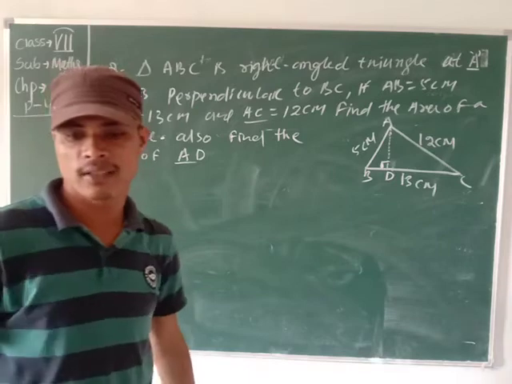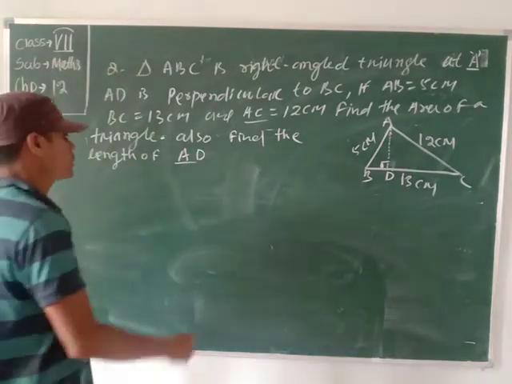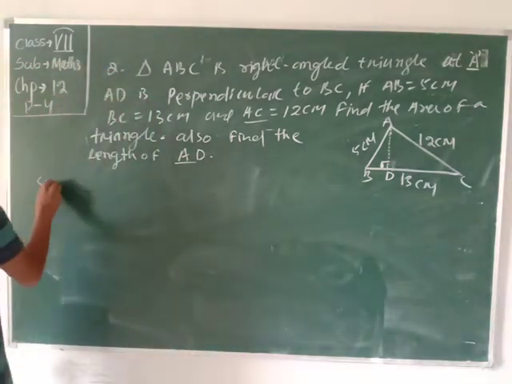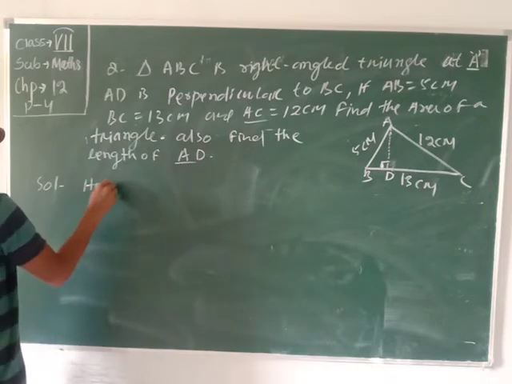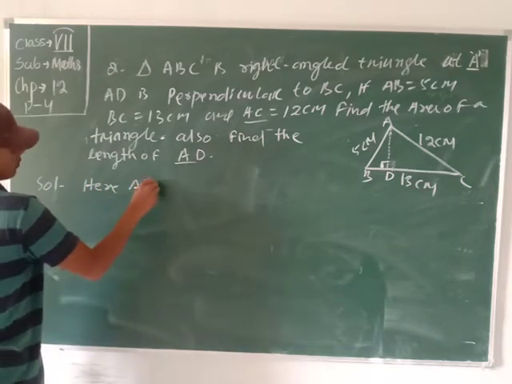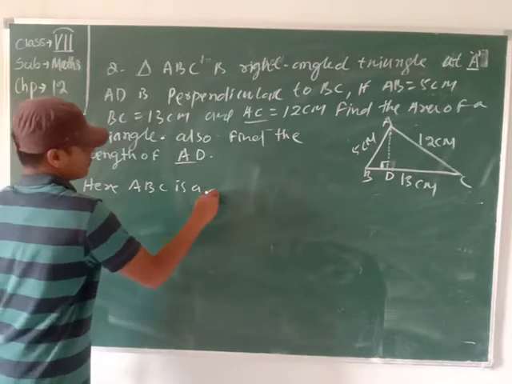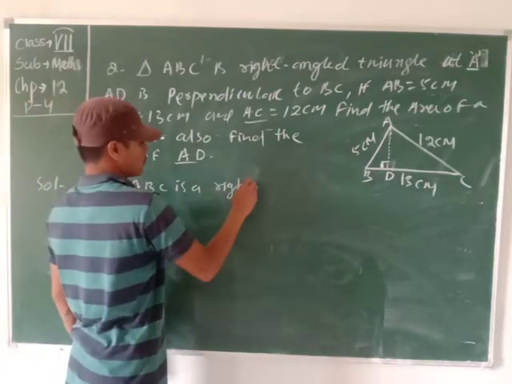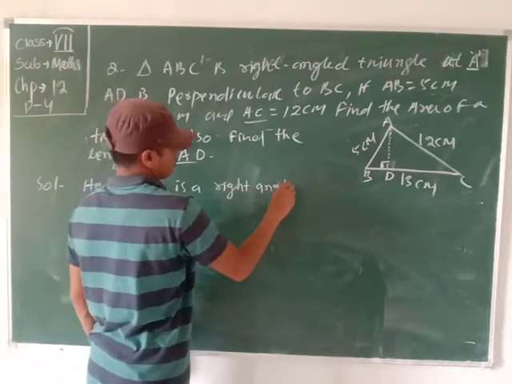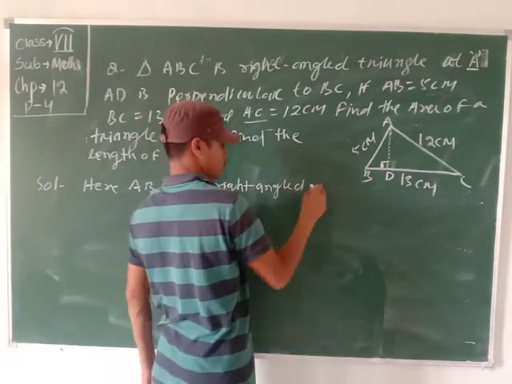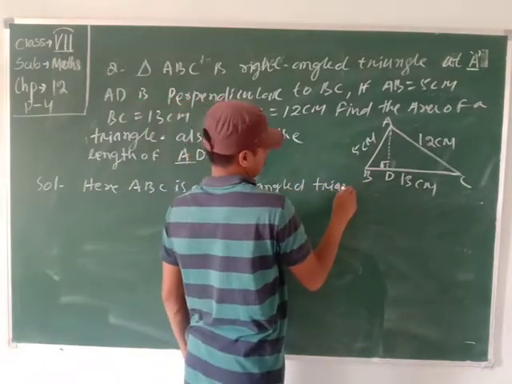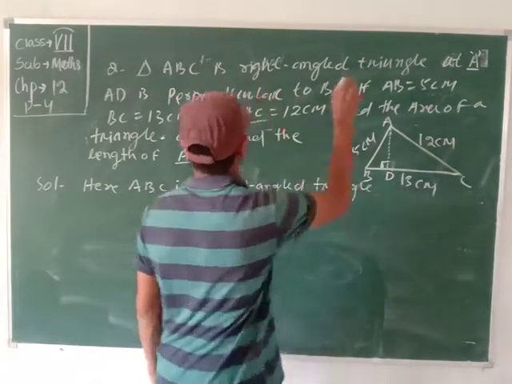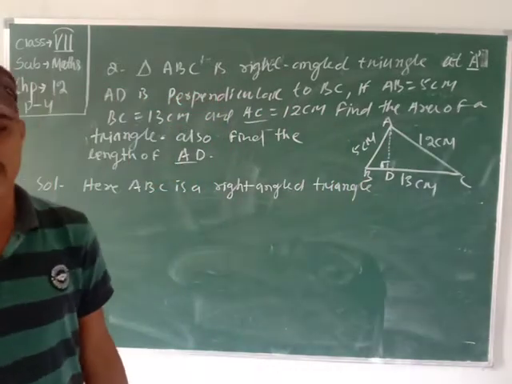Here triangle ABC is a right angle triangle. And you can say this is the solution: ABC is a right angle triangle.